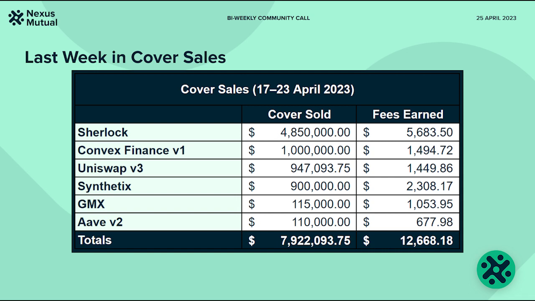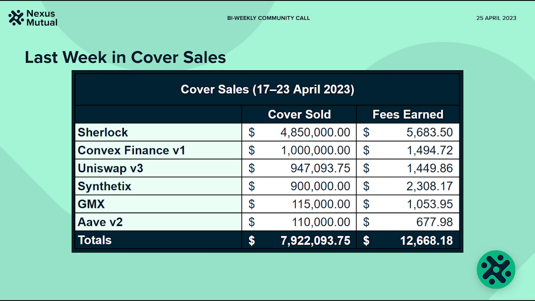Thanks, Brave. Hi, everybody. This week, we have sold about $7.9 million in cover and earned about $12.7 thousand in fees. We are continuing to see growth in our numbers post V2, and we're expecting these numbers to go up as we move through this quarter.